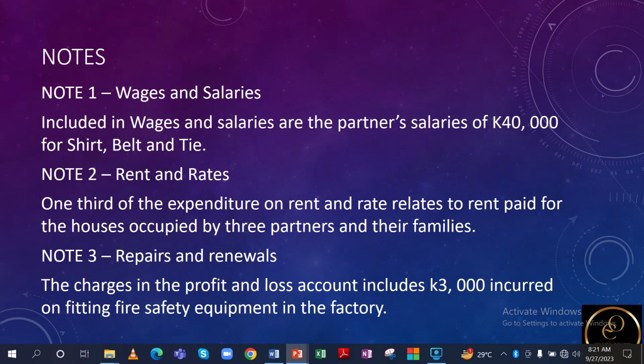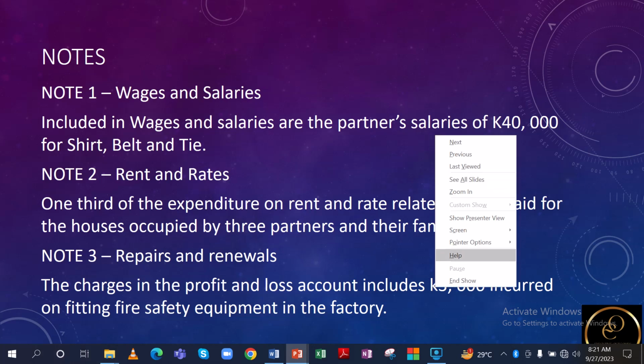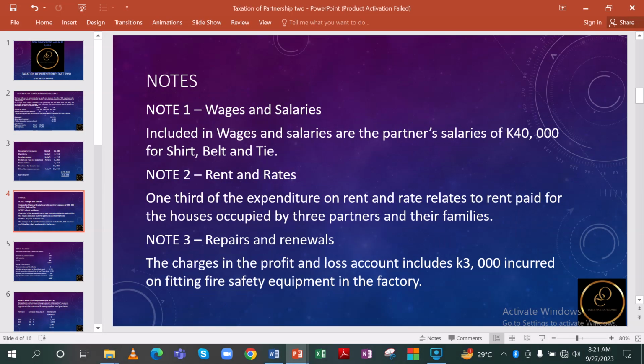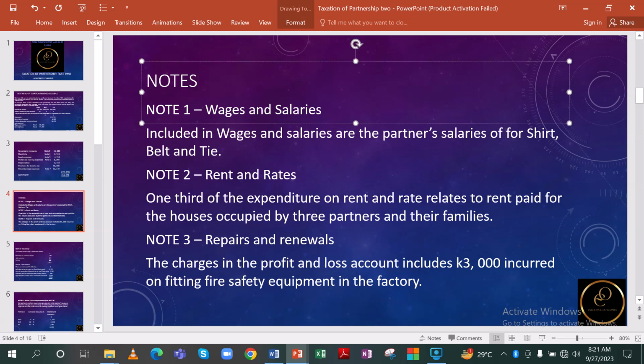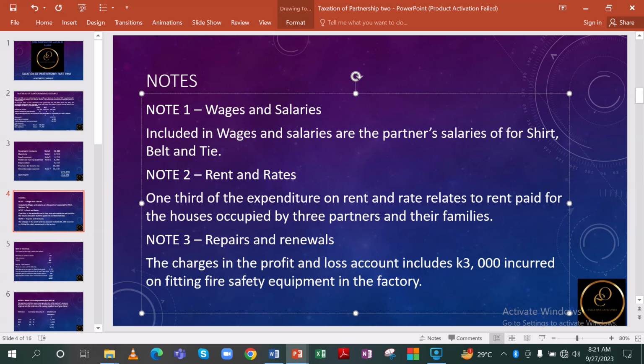So in fact, let me just say that these wages and salaries included partners' salaries. The reason for that, I don't want to make you mixed up. So we're going to look at this particular situation in this manner.